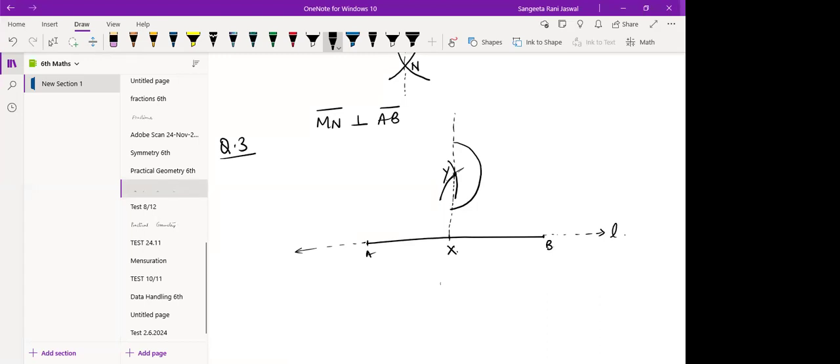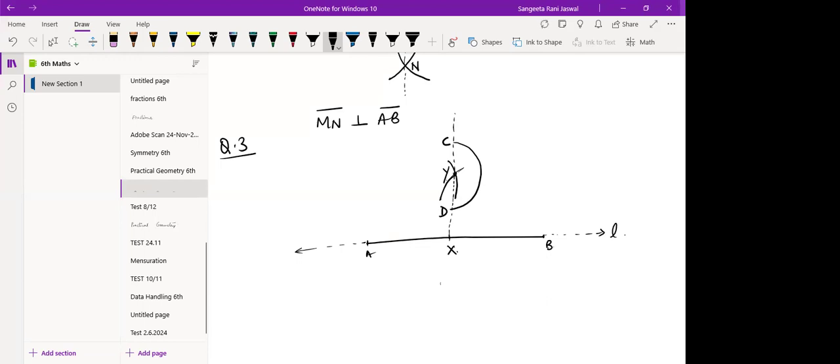Make a small semicircle with the center at Y. Now name these points as C and D.